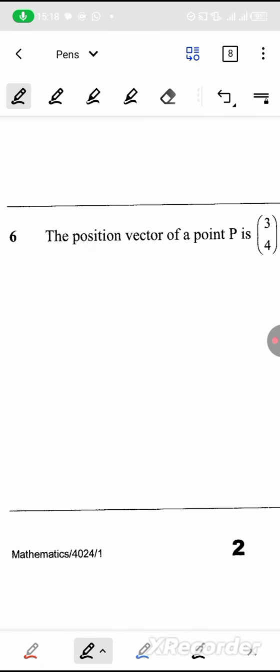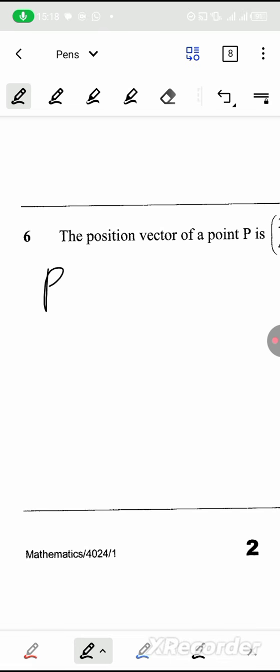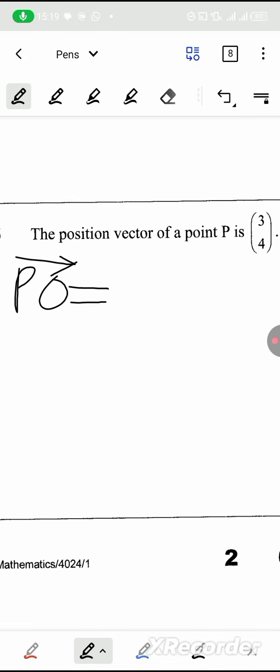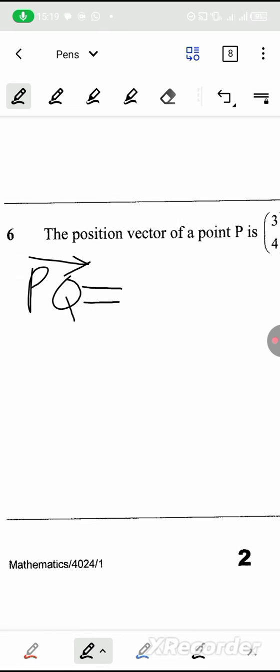We are going to start from here, which is question number 6. We'll write vector P, and you have to show the arrow there showing that it's a vector. Then equals. Vectors are all about movement, so you are going to move from P to Q. Yes, this is Q, not O. How? Because this is a position vector, we have to start from the origin.